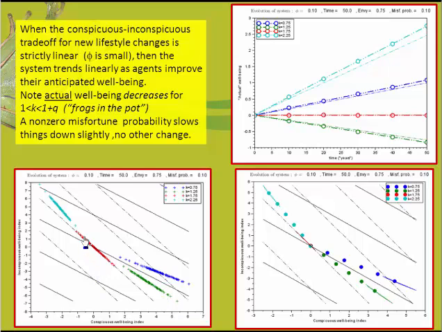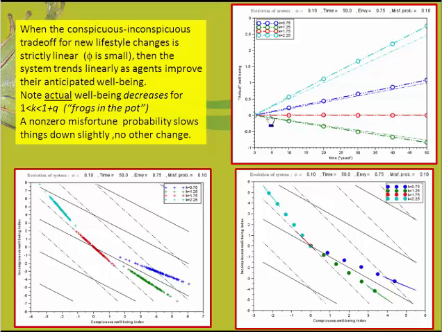The red is exactly on the line, so it's kind of neutral. That means that agents aren't moved to the left or to the right. The blue is steeper than the dotted line. That means that agents should prefer to move to the right. And in fact, that's what we observe in the system.